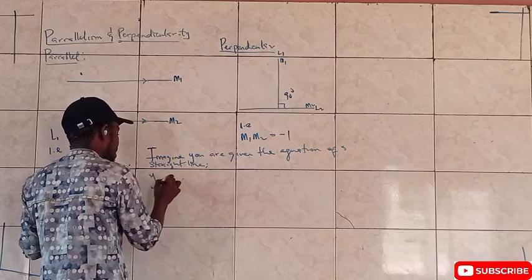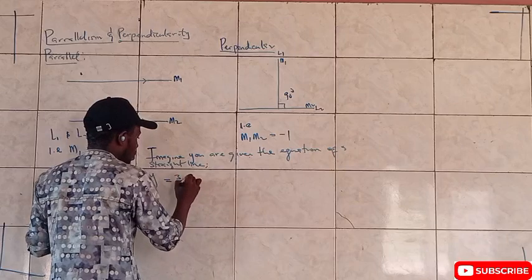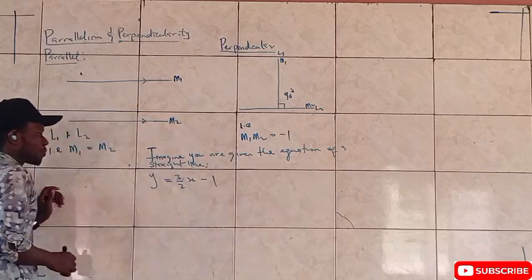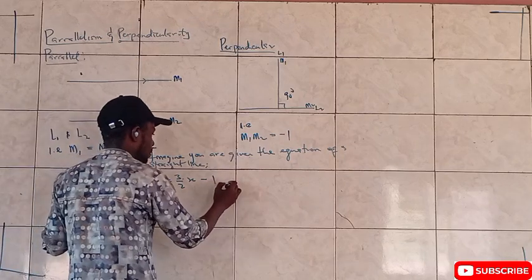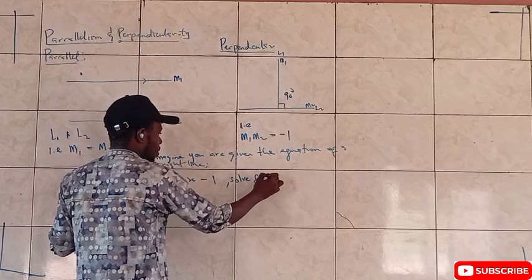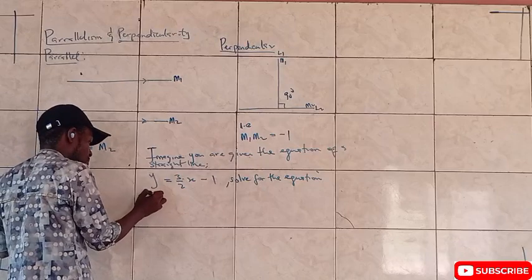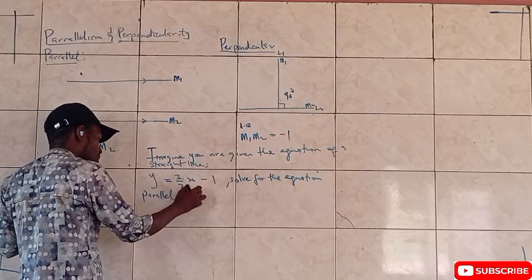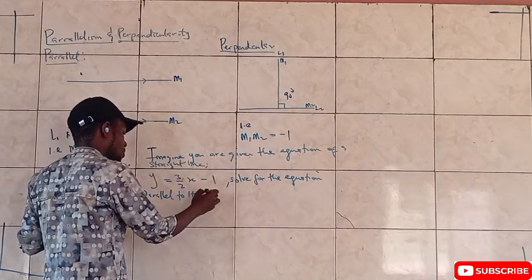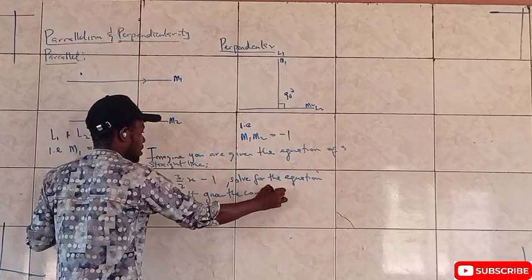Let's say y equals 3/2x minus 1. Solve for the equation parallel to it, giving the coordinates.